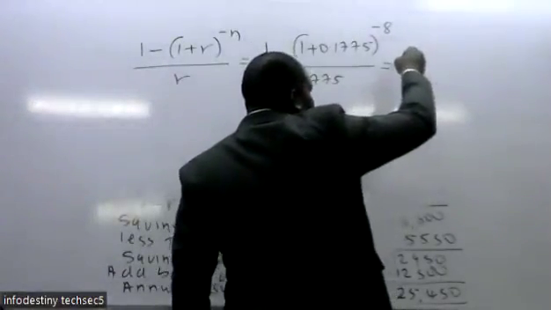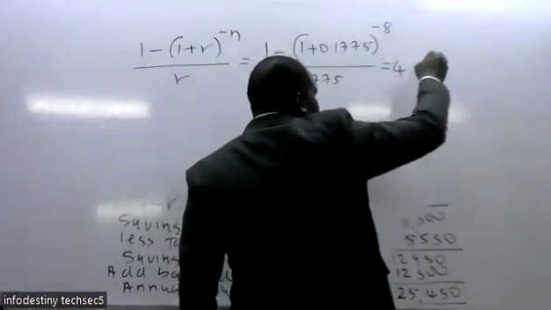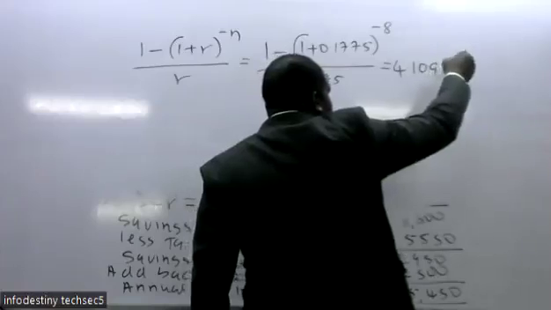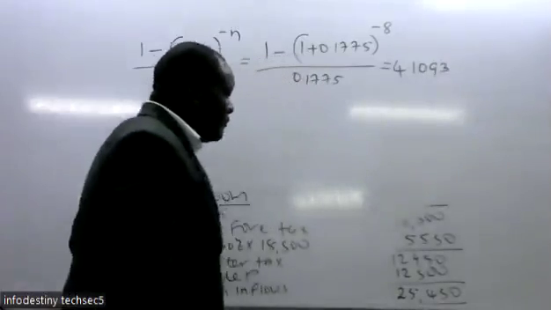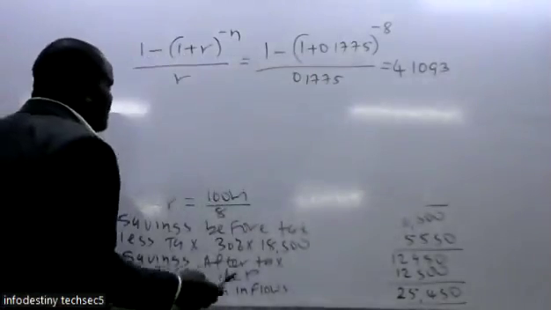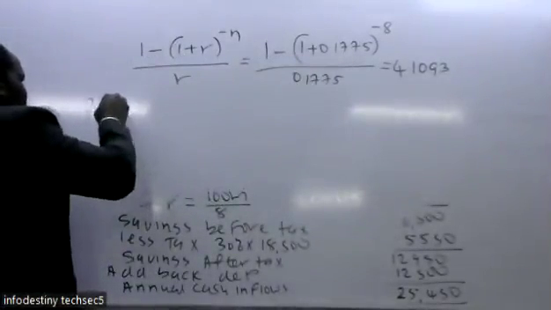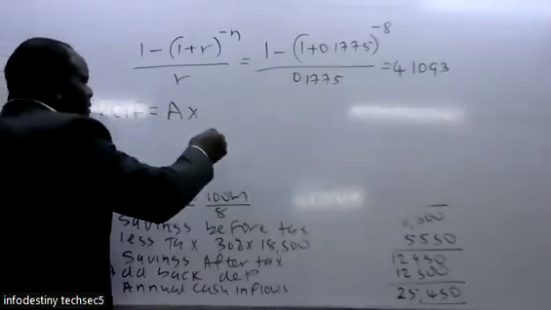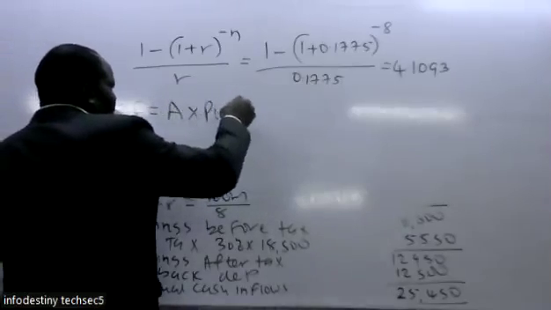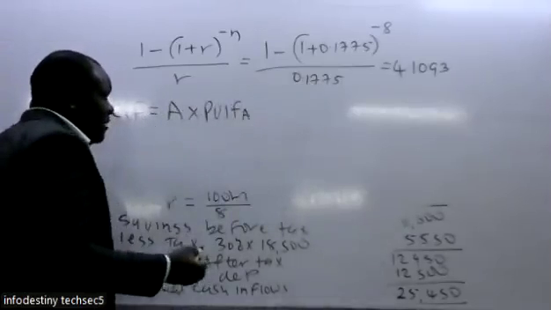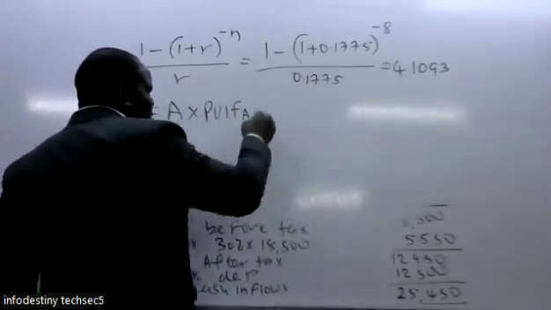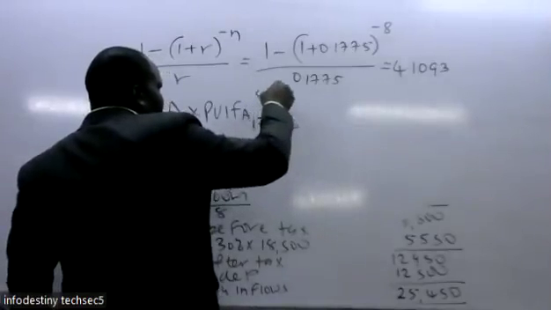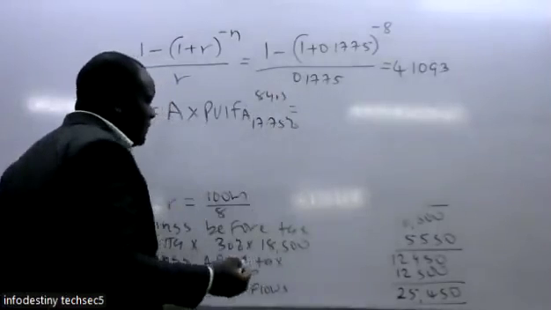Round off to 4 decimal places will be 4.1093. So we can now get the present value for the cash inflows. So it is annuity multiplied by the present value interest factor for the annuity. 17.75% for 8 years.